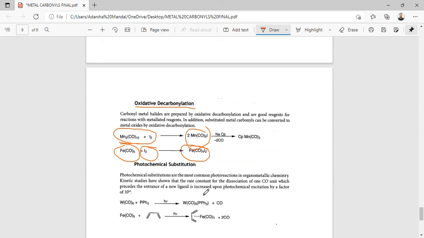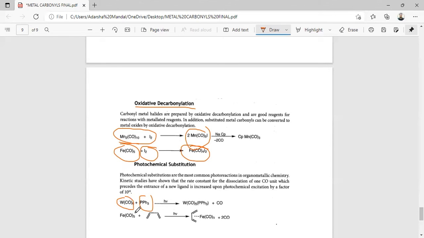So here this tungsten W(CO)6 reacts with PPh3 in the presence of light to form W(CO)5(PPh3), and one molecule of carbonyl is dissociated. So the PPh3 substitutes one molecule of carbonyl.